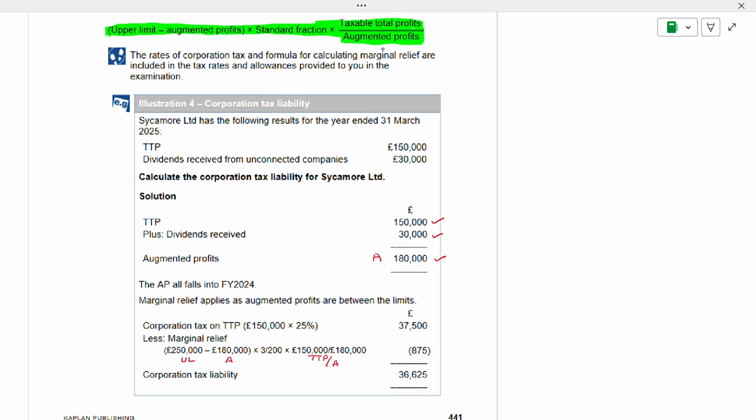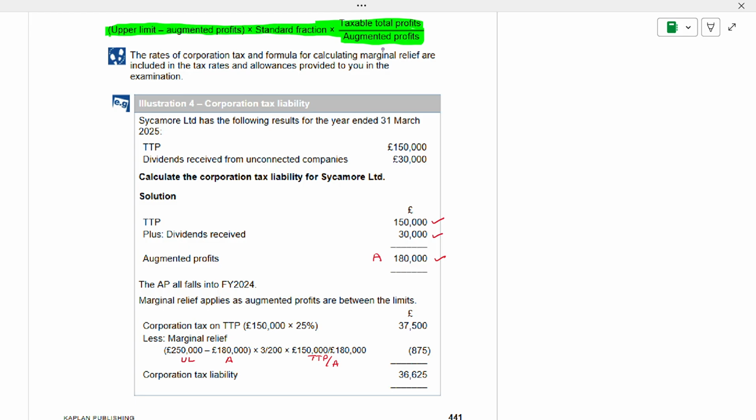Now, they will give one question on that. First you have to find the tax for 150,000, that is on TTP at 25%, and then again you have to reduce the marginal relief. And this marginal relief is what, sir?